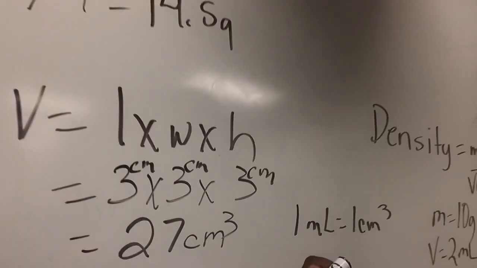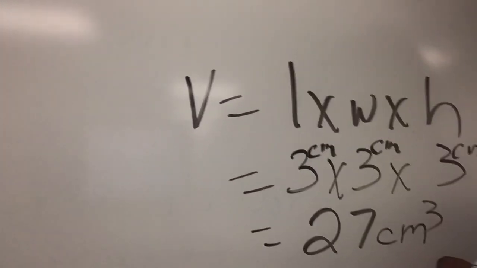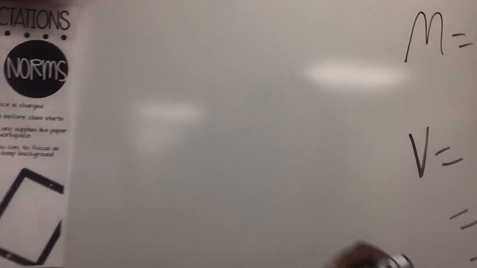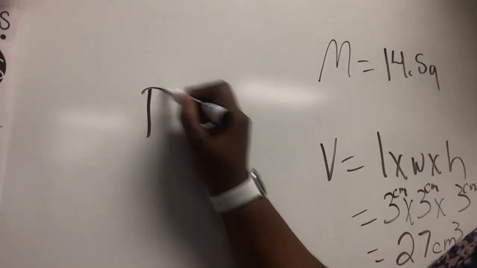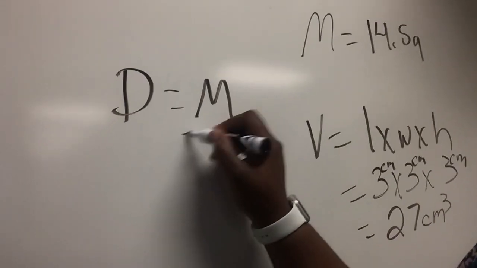All right, so we're going to do the same process that we did on the regular shape because the equation does not change. It's going to be density equals mass divided by volume. Notice that I always put my units when I write my equation and my mass and my volume. So that way, if you're working a problem, you know the units and they're there.